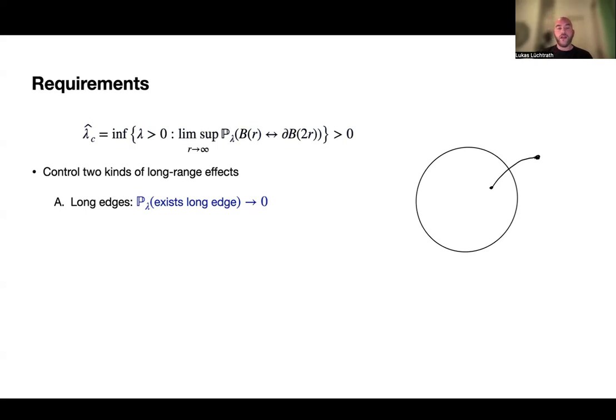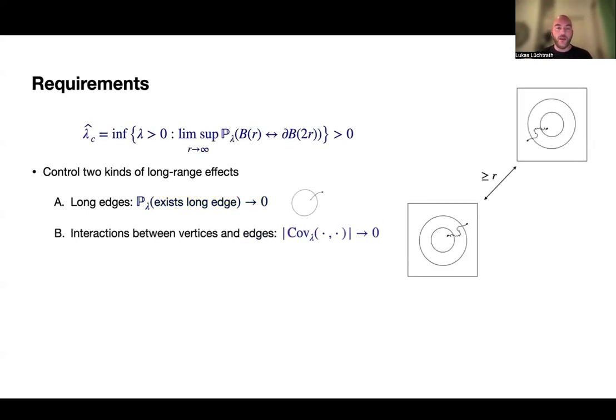And the other way there could be long-range effects is to consider two, let's say, annulus crossing events of size r at distance roughly r, and they could help each other because there are long-range interactions between the vertices and the edges, and we don't want this to happen too strongly.